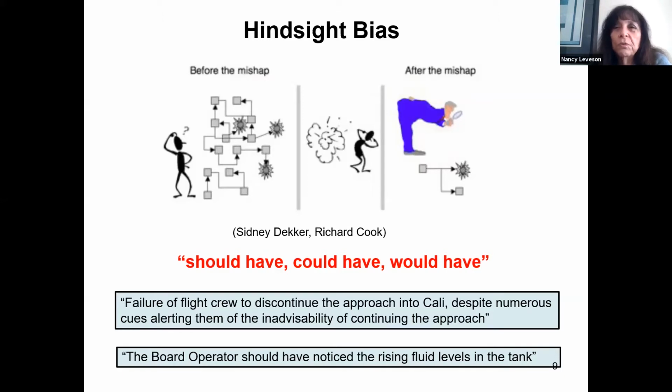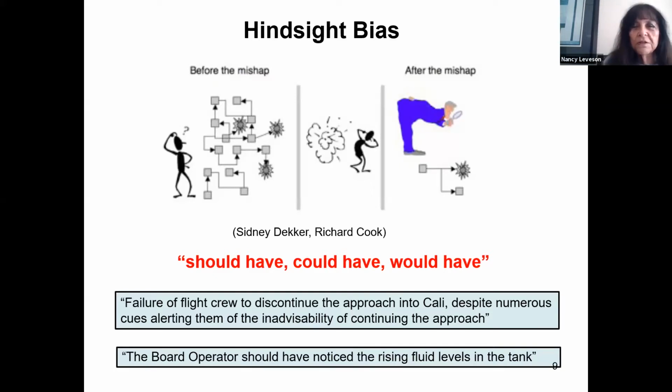Those cues were only apparent after the fact. At the time, it wasn't apparent. So it doesn't help to use hindsight bias and say, well, the crew's guilty because they didn't notice these things that only could be noticed after the fact.